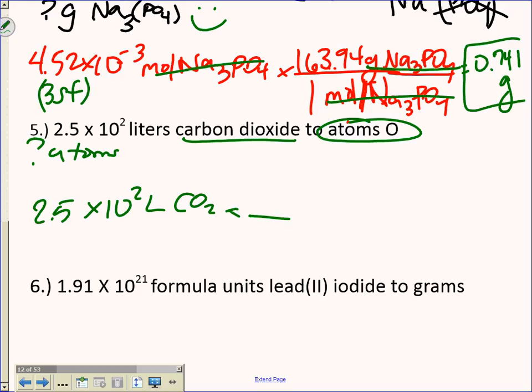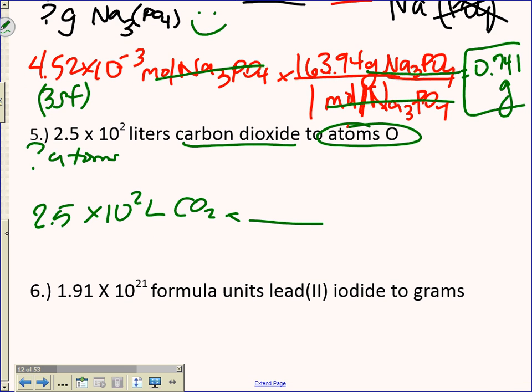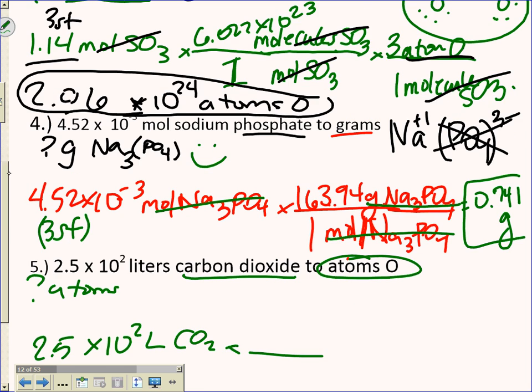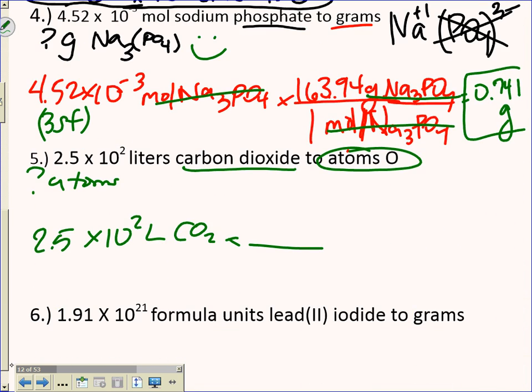So we have a question, atoms of oxygen. I know I can get from liters to my stepping stone, basically for every single thing. Liters is volume, right? So that's the one we haven't used yet: mole to volume. What's that relationship? 22.4. What does it go with? Liter, so top or bottom?